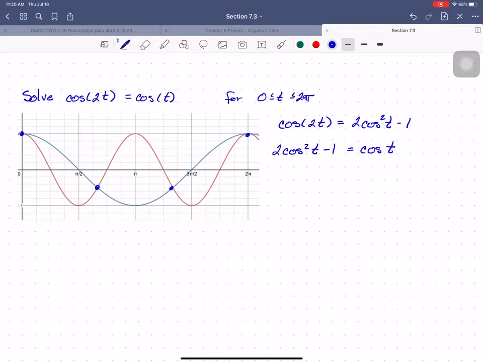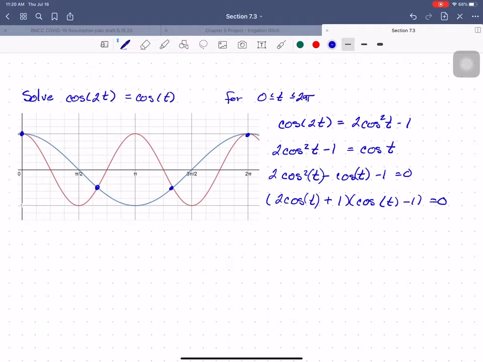Pull everything over to the left-hand side, and we get 2 cosine squared t minus cosine t minus 1 equals 0. And we remember how to do this. We're going to factor this guy, and this factors as 2 cosine t plus 1 times cosine t minus 1. And those will equal 0.